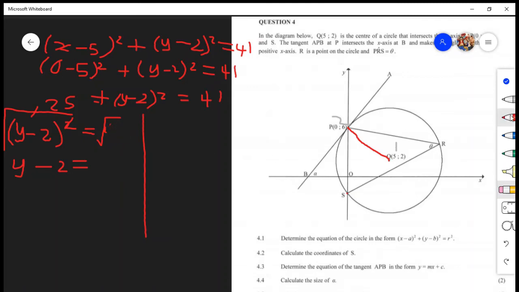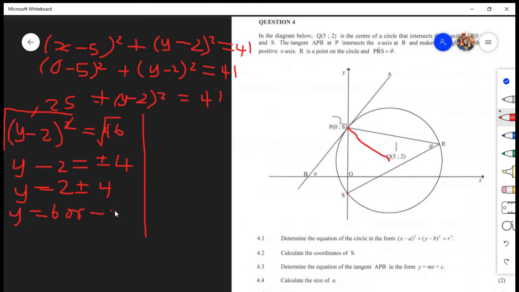Sorry about that. So when you square root a number, you've got plus minus, right? Okay, and y minus 2 is equal to plus minus 4, and you've got y is equal to 6 or negative 2, right? That was the one way.